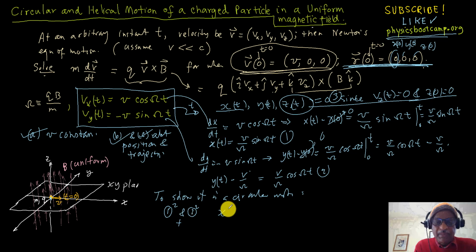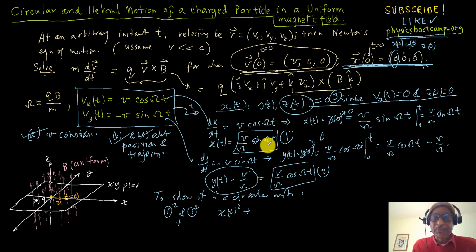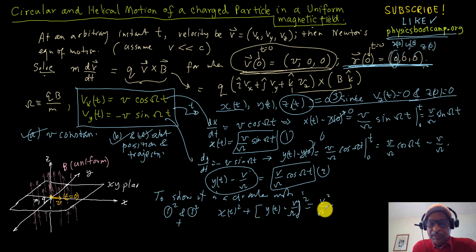I mean x of t squared plus, and I isolated this guy so that we will get a sine squared plus cosine squared. That's why I isolated that. And this is y of t plus v over omega, squared, equals v squared over omega squared times sine squared omega t plus cosine squared omega t, and this thing is 1.